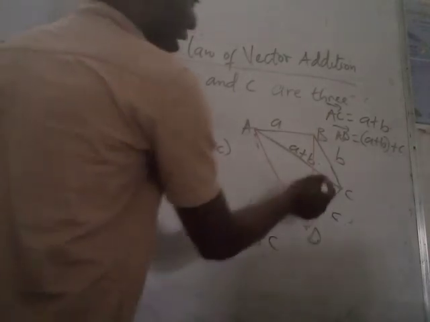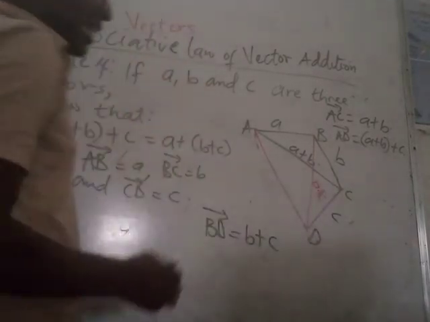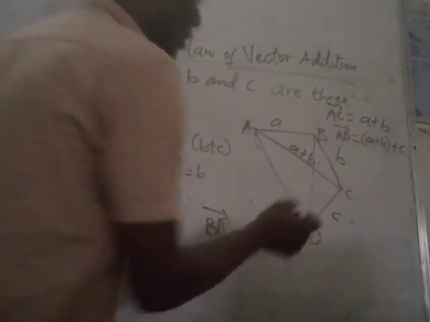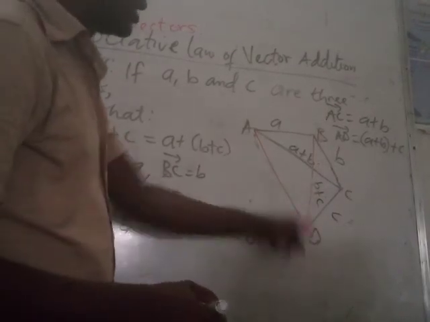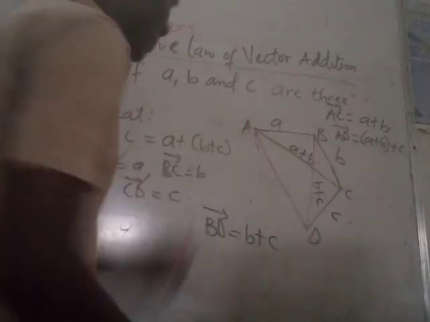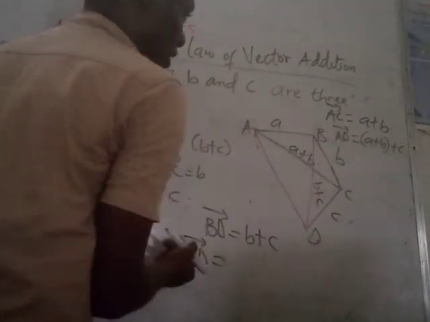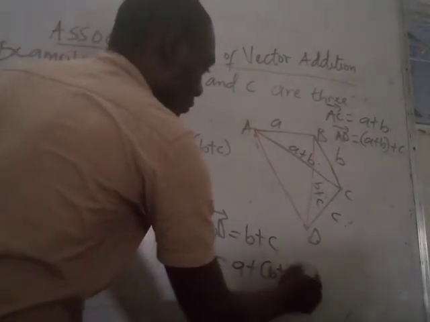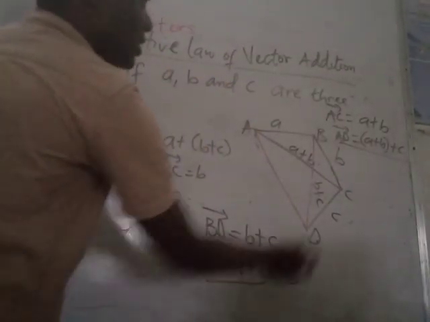So that means this vector here is B plus C. But like I said earlier, to get to D, I can move from A to B, then B to D. So AD is going to be equal to A plus AB, that's A, plus BD, which is B plus C. If you compare this and this, you will find that AD is equal to this and AD is equal to this.